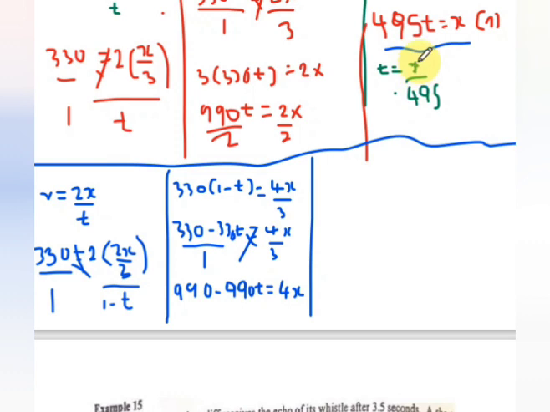So we are going to substitute x over 495 for t in the second equation. So if we substitute, we have 990 minus 990 into, instead of t now we have x all over 495, is equal to 4x.